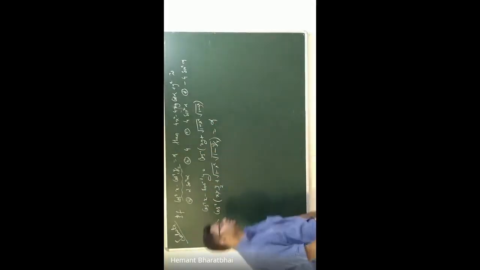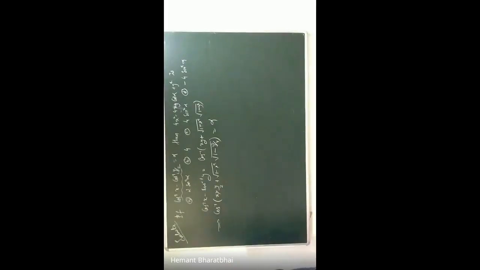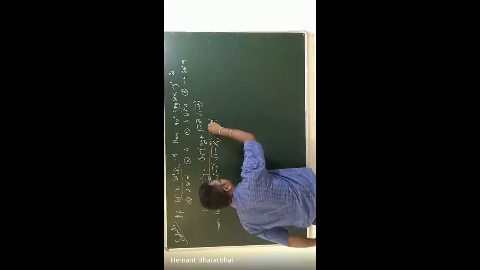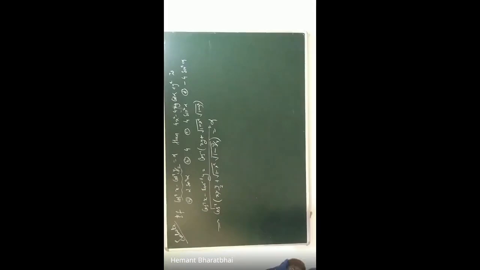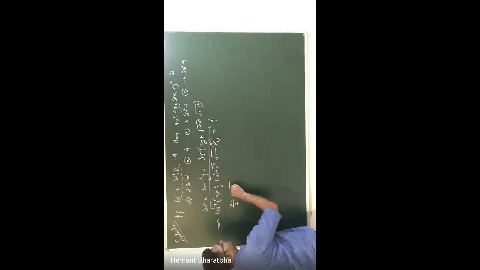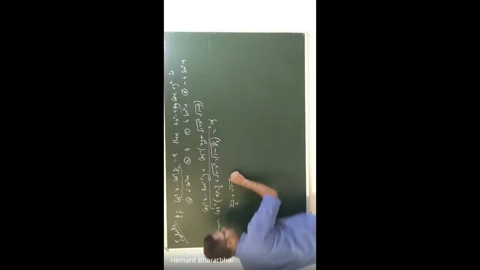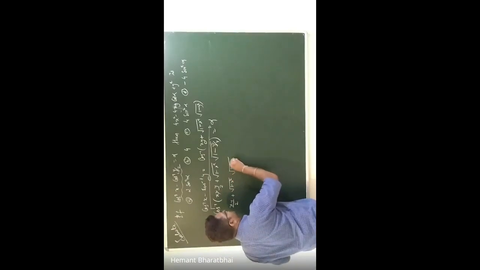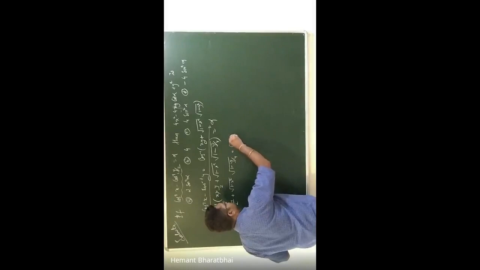Hope it's clear. Now this is cos inverse, so if it goes to the other side of the equal to, cos inverse will become cos, and here I'll have xy by 2 plus under root of 1 minus x square into under root of 1 minus y square by 4 is equal to cos alpha.